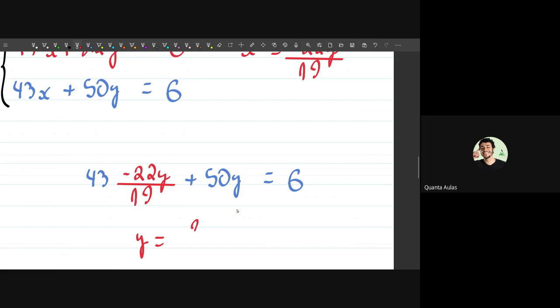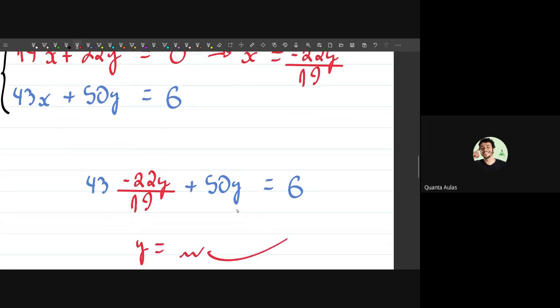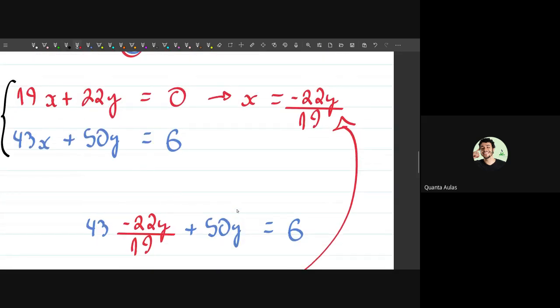I will not do the math, but you can do this after our class just to train, right? Because this is very important in matrix math. So when you have the y value, you can put this value here to obtain the x value, right?